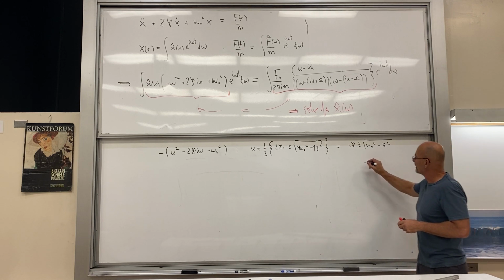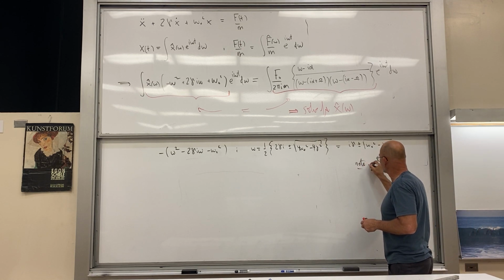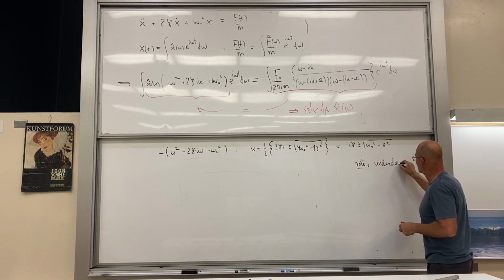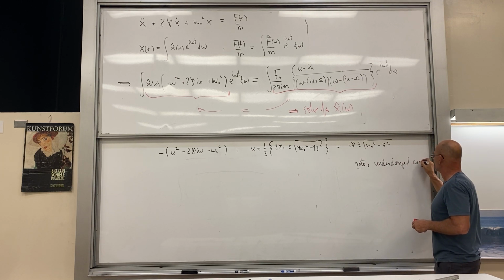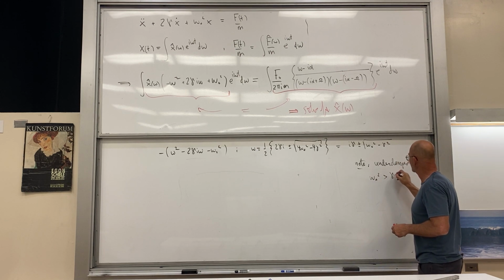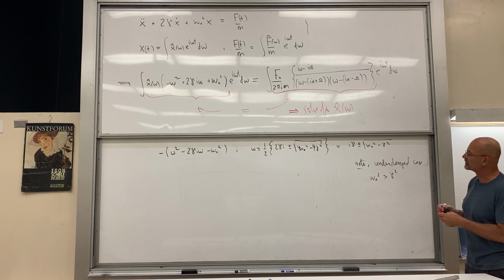And if I didn't say it before, I'm saying it now. It's the underdamped case that we're looking at. So omega naught squared is greater than gamma squared. We're looking at the underdamped case.